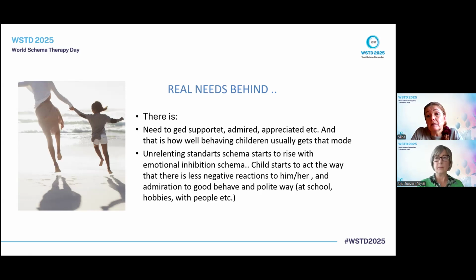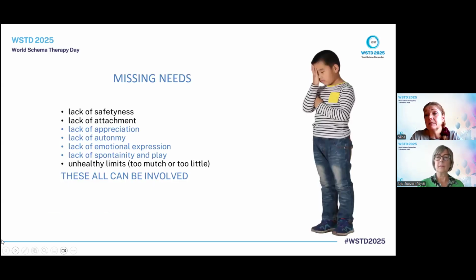So the unrelenting standards schema starts to rise with the emotional inhibition schema. The child starts to act in a way that there are fewer negative reactions to him or her, and admiration for good behavior and a polite way at school, in hobbies, with people, with parents. Yeah, it's increasing that. And the missing needs behind it may be all missing needs.